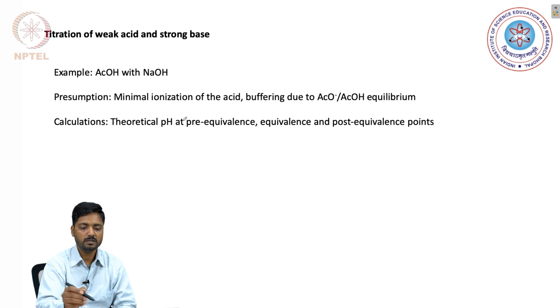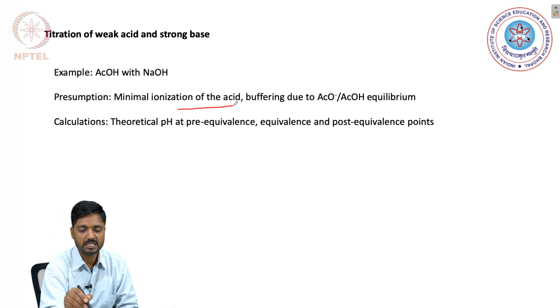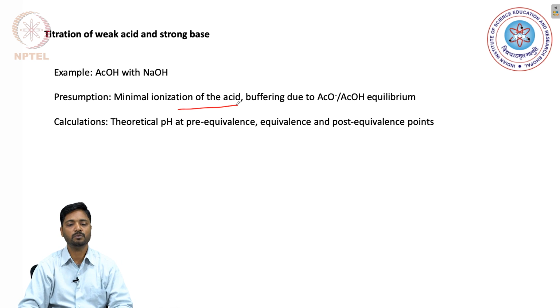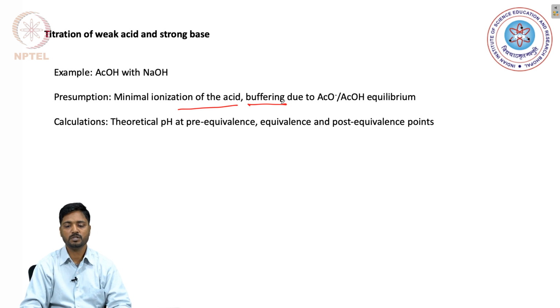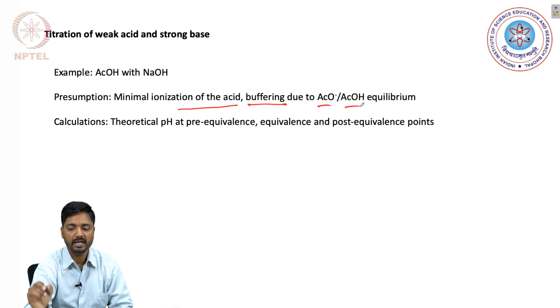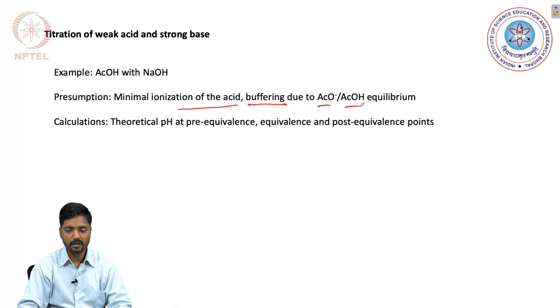First, of course, the acid being weak, it undergoes minimal ionization. Another very important aspect that will become relevant when we are titrating a weak acid and a strong base is the concept of buffering that happens due to the presence of the salt and the acid in equilibrium during the titration.